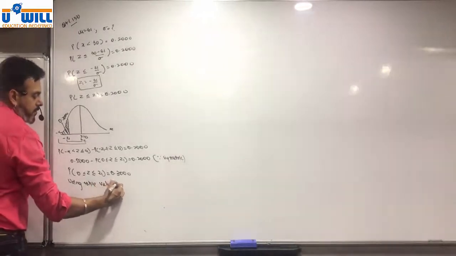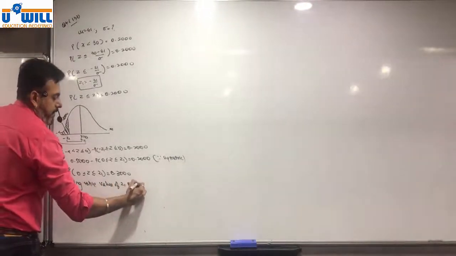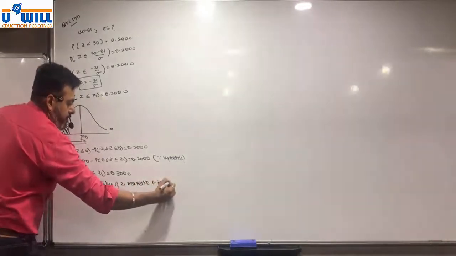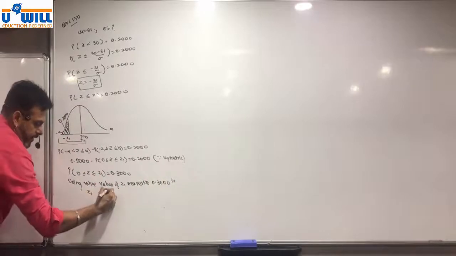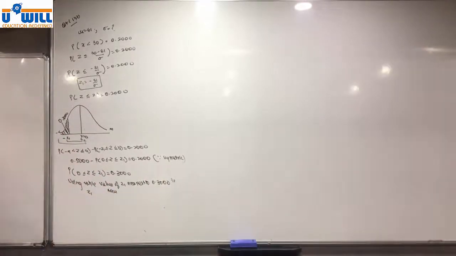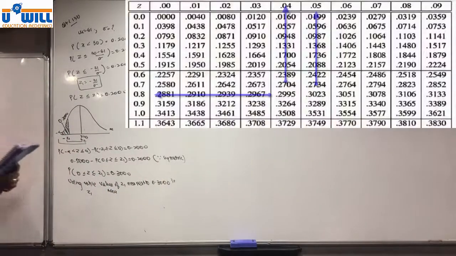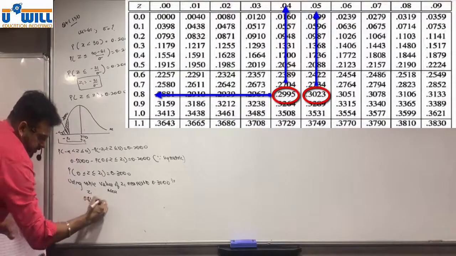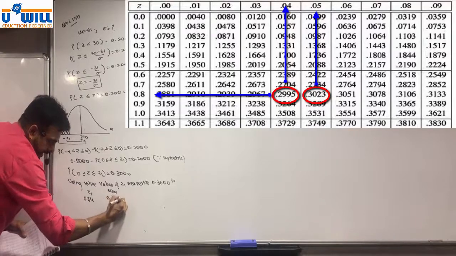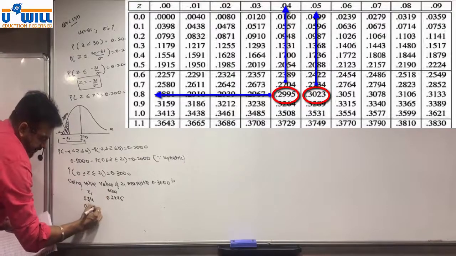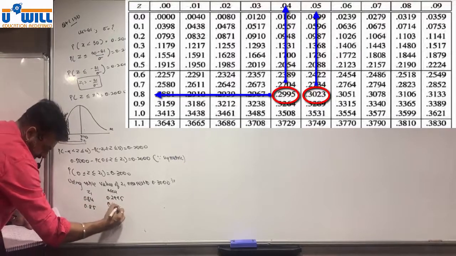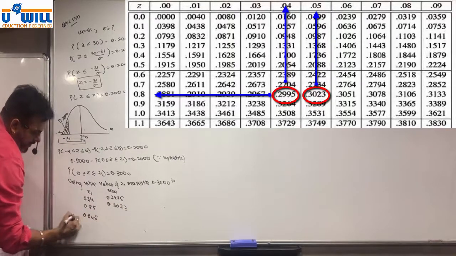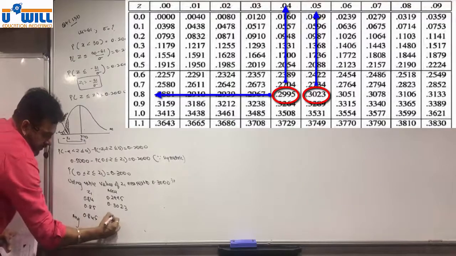the value of Z1 nearest to 0.3000: 0.84 gives area 0.2995, 0.85 gives 0.3023, and 0.845, which is the average, gives 0.3009.